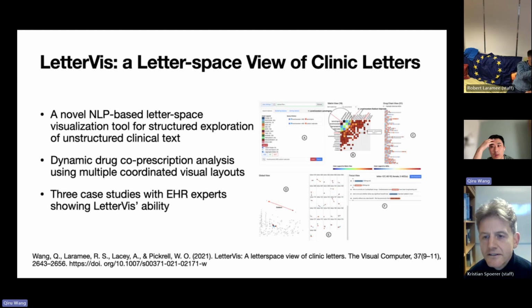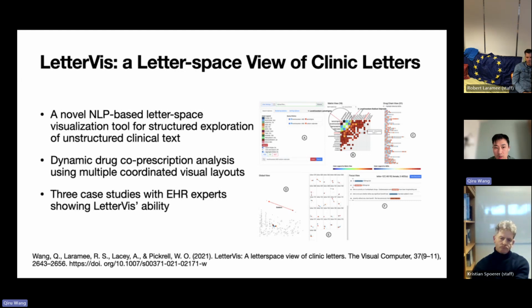Okay. Well, I would say our work is novel because we're trying to advance the state of EHR visualization. So we are always assessing the novelty from a visualization perspective. That is why we built this tool from scratch with the input from domain experts.